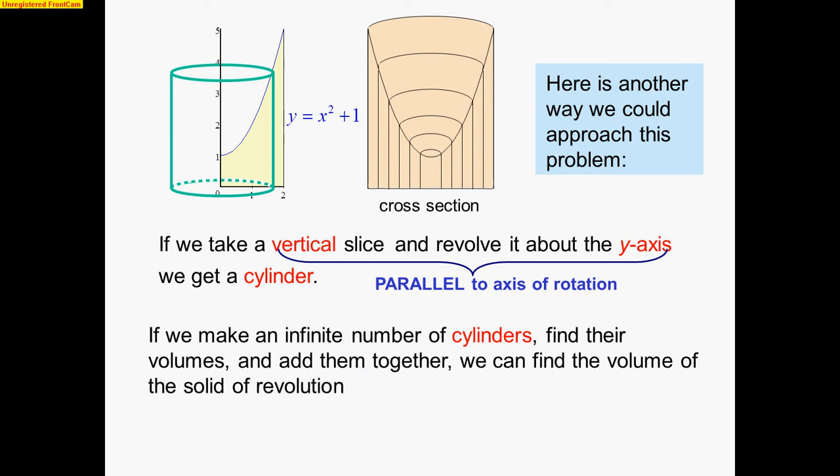You can find the volume of the solid of revolution by summing all of the volumes of those nestled cylinders. Nestled means one inside of another, all these shells inside one another. Kind of like, if any of you have ever seen the Russian Matryoshka dolls, where you open a doll and there's a smaller, identical doll inside it, open that one up and there's a smaller one inside of it. That's kind of what this is like.